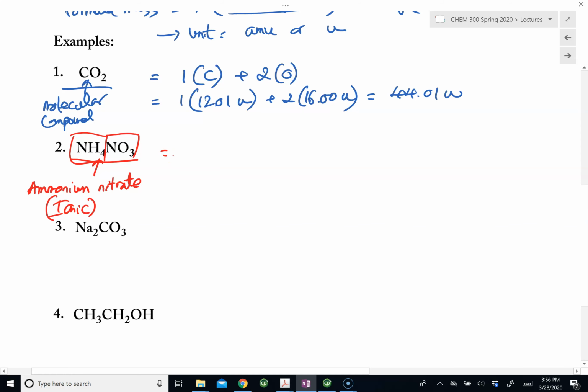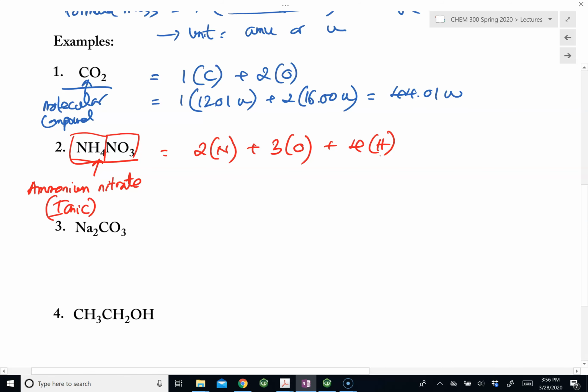And now to find its mass, we will add up the number of each element. In this substance we will have 2 nitrogen, 3 oxygen, and 4 hydrogen. So these are the elements that make up this formula unit.